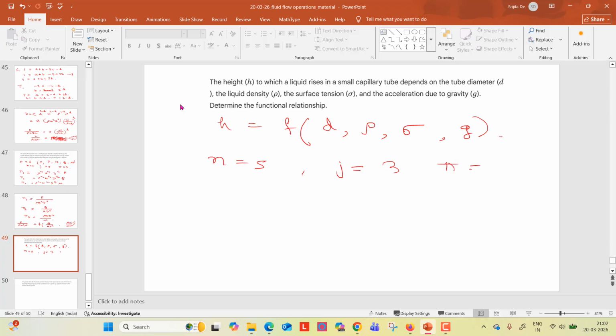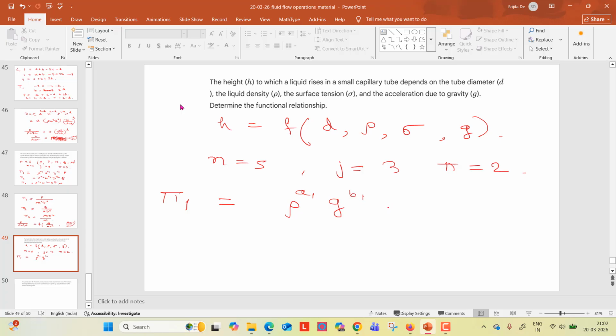So pi 1 will be, repeating variables will be the flow property, which is density, rho to the power a1, then the flow characteristic, which is the acceleration due to gravity, g to the power b1, and the diameter, that is d to the power c1.